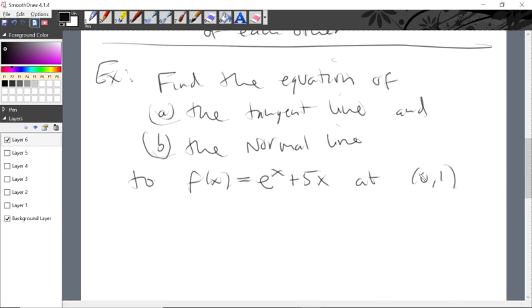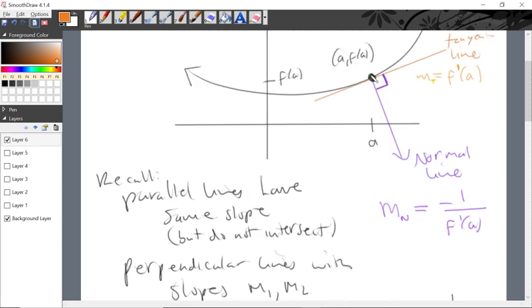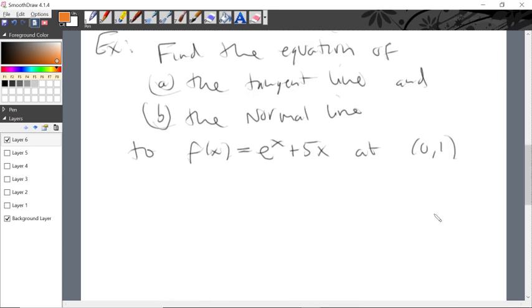Now, in these exercises, I think it's helpful to verify this is actually a point on that curve. We expect that the point we're interested in is on the tangent line, on the normal line, and on the curve itself. So let's just verify our point.